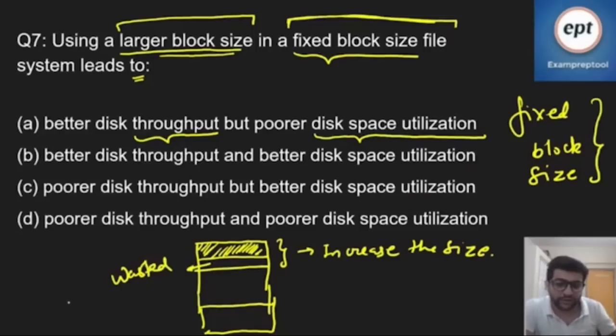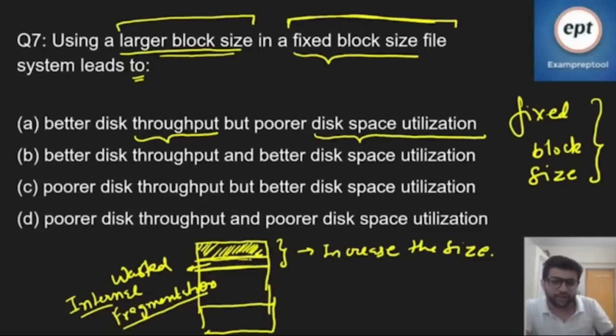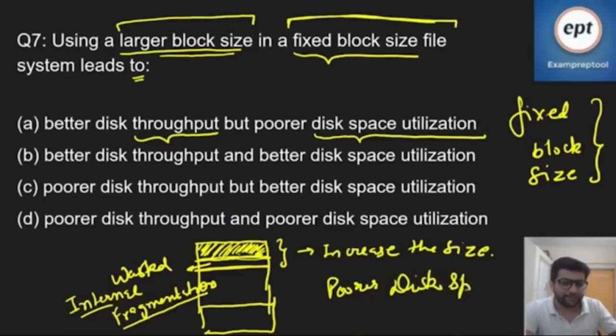It will lead to internal fragmentation, right? If you have revised, then you will know what internal fragmentation is. Internal fragmentation is the space that is wasted because a smaller part of a block was used to store a smaller file, right? So hence it will lead to poorer disk space utilization, right? So this answer is not correct.